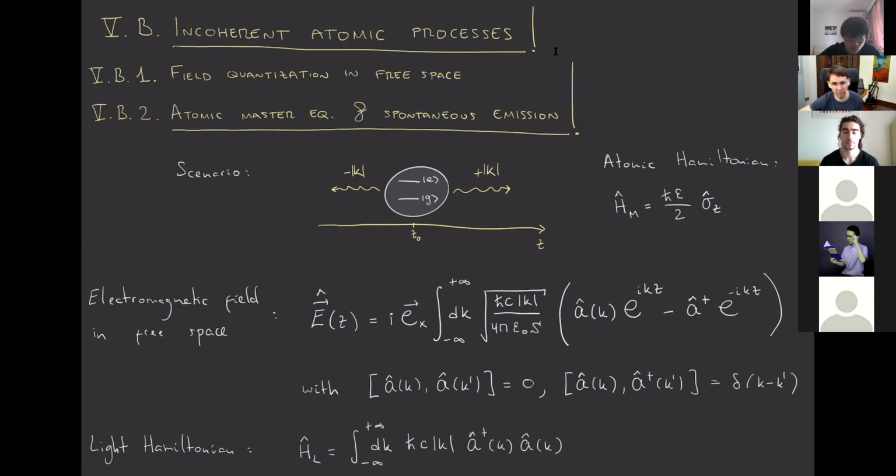So this is the Hamiltonian for the electromagnetic field in free space. I have condensed everything about quantization in free space in this small space. But I recommend you again to go to the lecture notes and check how to quantize properly. And let me know if you have any questions about it.